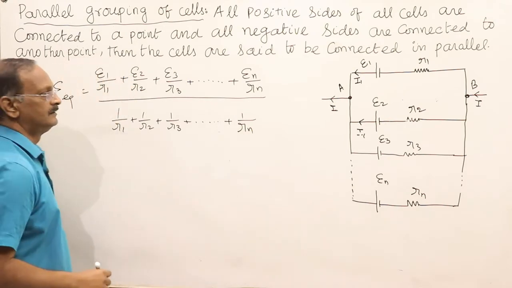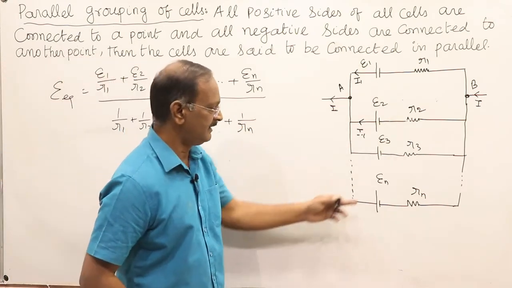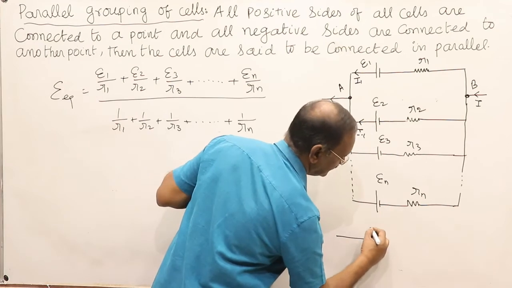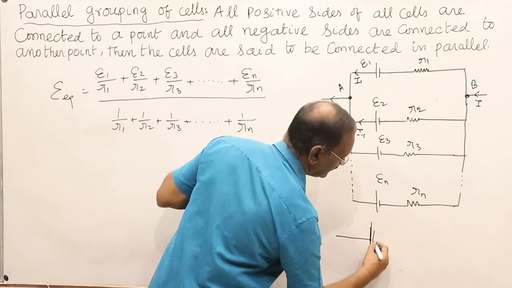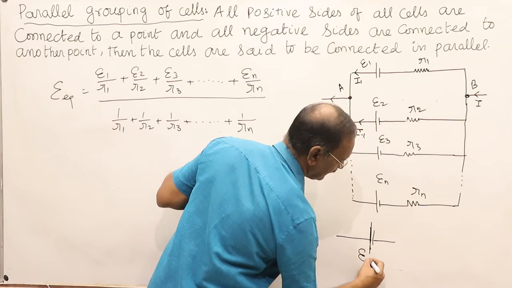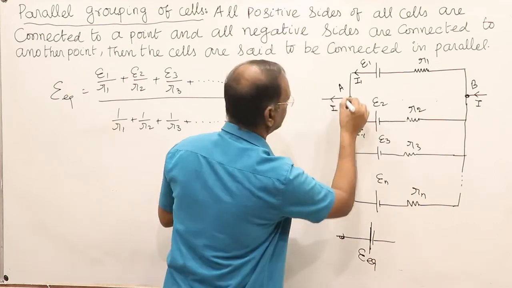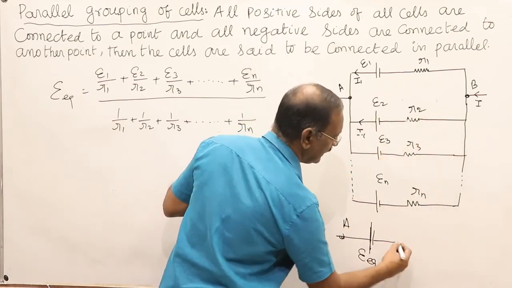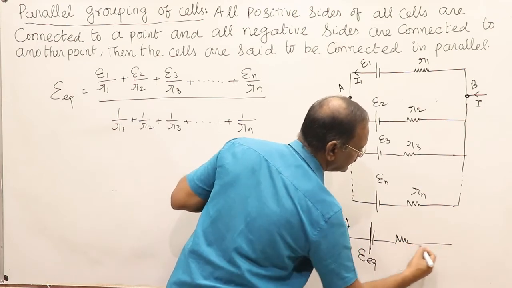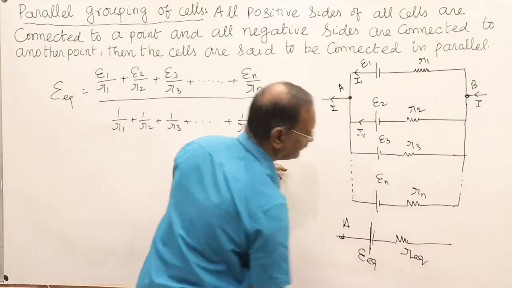So this is the EMF of the n batteries when connected together. It means this is a battery with the equivalent EMF, with terminals A and B, and of course internal resistance R equivalent.